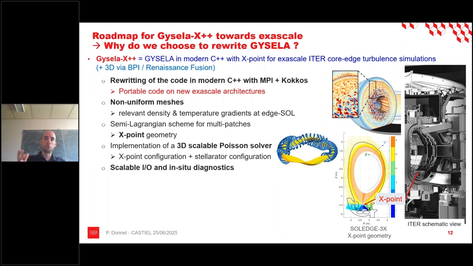And so we also want to describe this kind of plasma in the long term. And finally, among the criteria for this new code, we want to have scalable I/O, because I showed you that in the Fortran version it was not possible, and also in situ diagnostics.